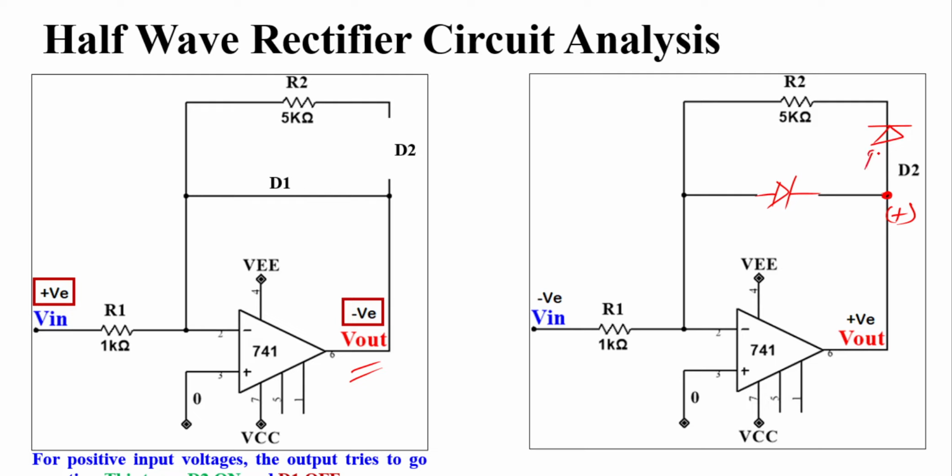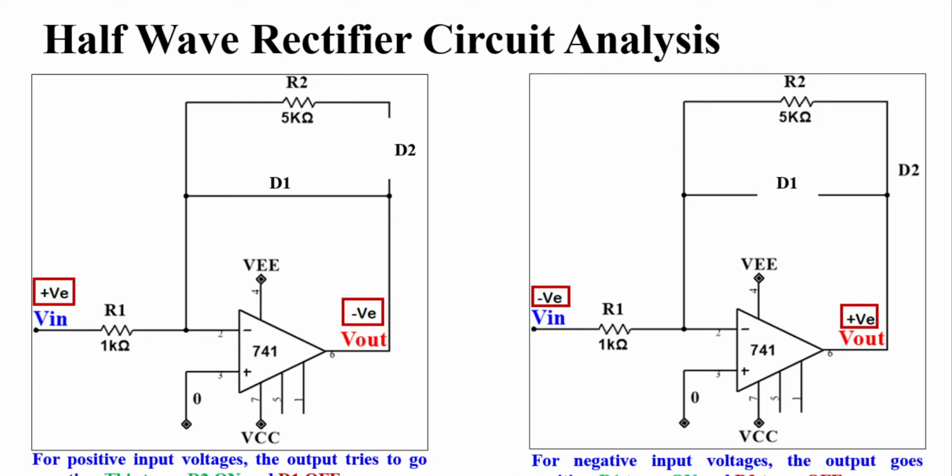Here the P is getting positive, N is more negative compared to P, and in this one N is getting positive voltage and P is more negative compared to N. So that means the diode D1 will become open circuit and D2 will become short circuit. So the resultant circuit will look like this.